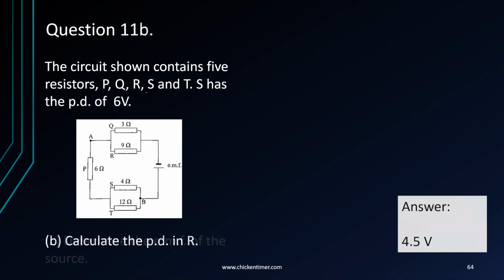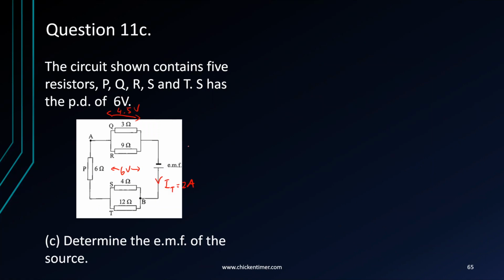Then the current flowing through I total is 2 amps. Right? So what is the EMF of the source? So back to that drawing that we have just now, you have this one, which is 4.5 volts. Then this one is the P with 6 ohms. Then this one is the one where S has a PD of 6 volts.